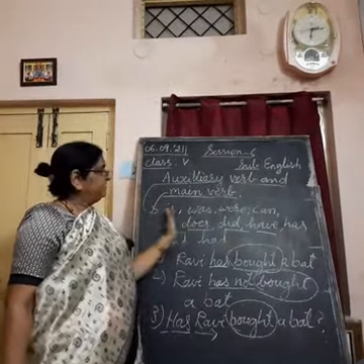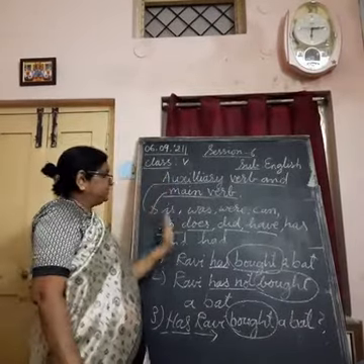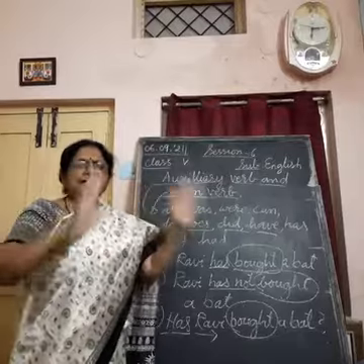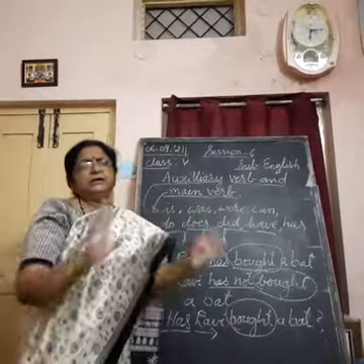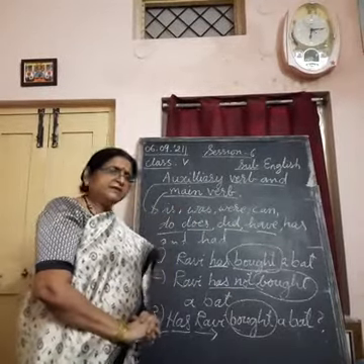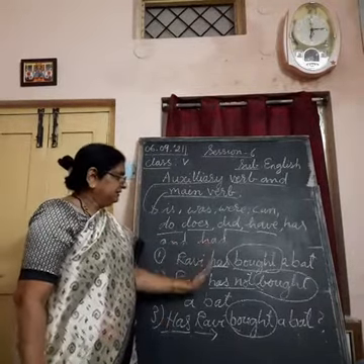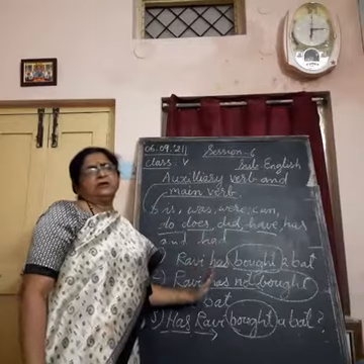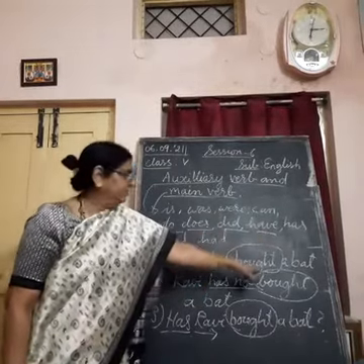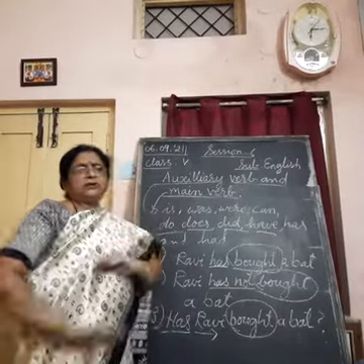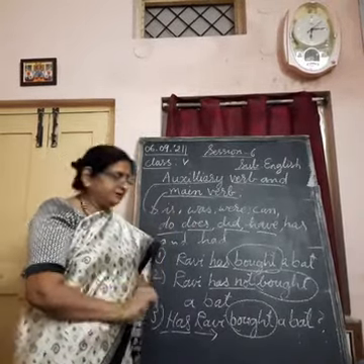And how can we understand which is auxiliary and which is the main verb. Main verb always tells us the action, purely tells us about the action of the noun or subject. And this auxiliary verb has or had, it helps the main verb to complete the sentence. This is all about auxiliary verbs and main verbs.